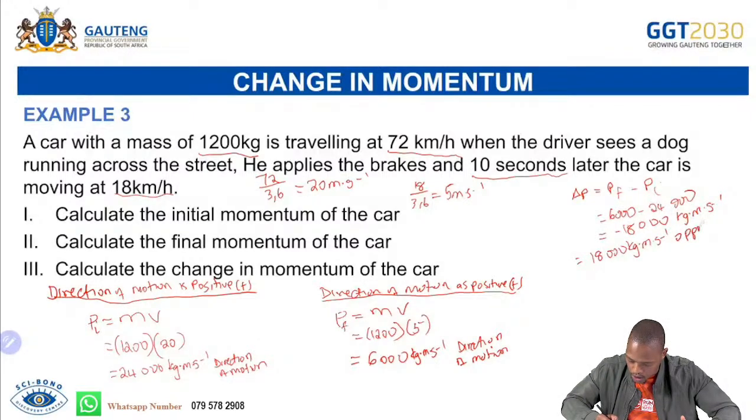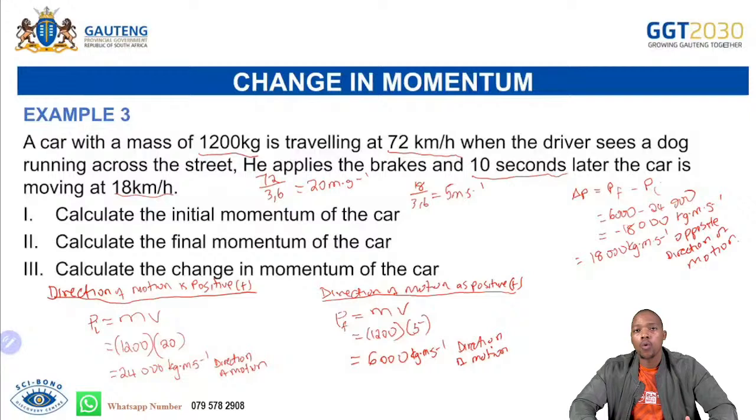So you are going to say opposite direction of motion. That's how you would find your answer in this case. So what I'm trying to show you is how to calculate the change in momentum where you already have the initial momentum and the final momentum. So you use delta P equals PF minus PI in that case. Okay.